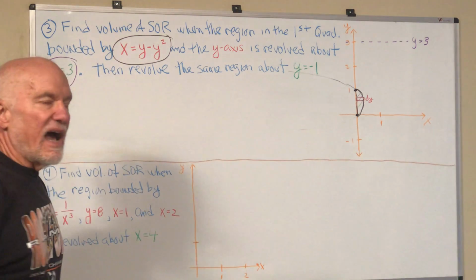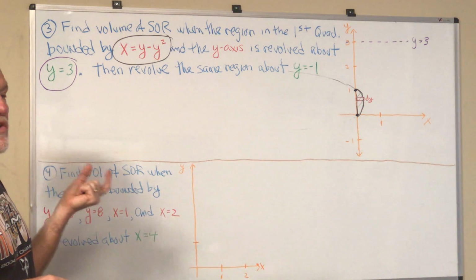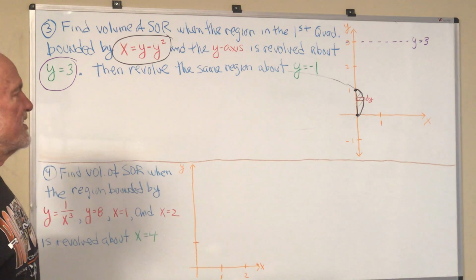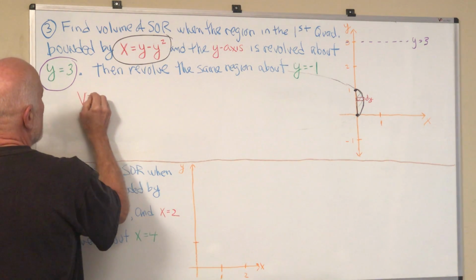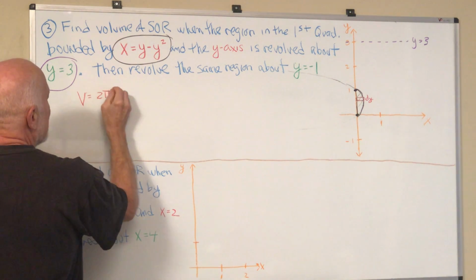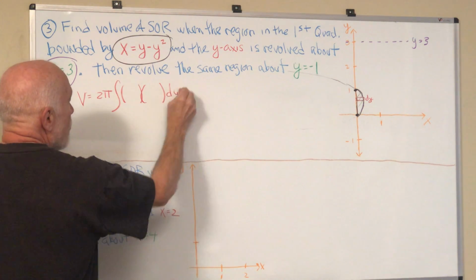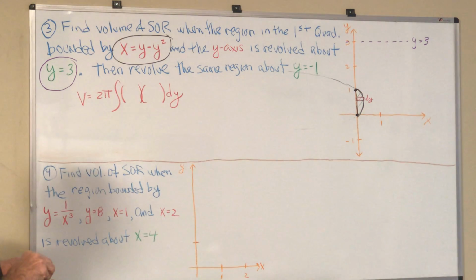Now, I think I've done it enough times with other methods that you can see it's going to be the same thing in dy as it was in dx. The only difference is the volume is going to be 2 pi. You still need those two things, but it's going to be dy instead of dx. You would just be dividing it up in the y direction.